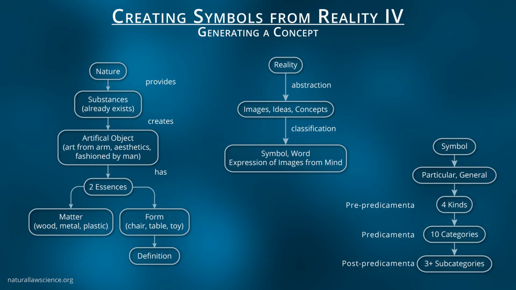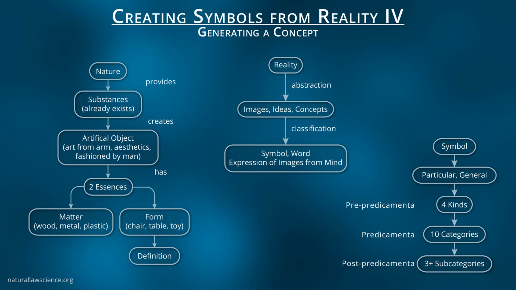So there's the four kinds, which are the pre-predicamenta, and then after the four kinds, you get into the 10 categories, which are coming up, and that's the actual predicamenta. And then there's additional subcategories, 10+, 15+, 1,000,000+, who cares? These are subcategories, additional categories, which were of lesser importance, and Aristotle termed these the post-predicamenta. So we're going to get into the four kinds and the 10 categories of being.